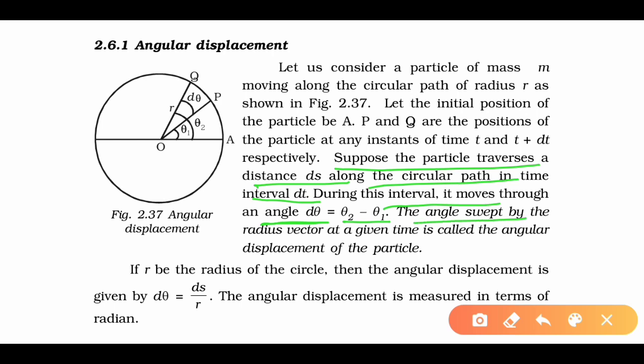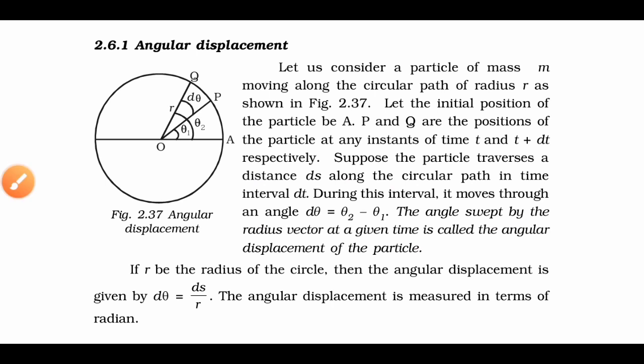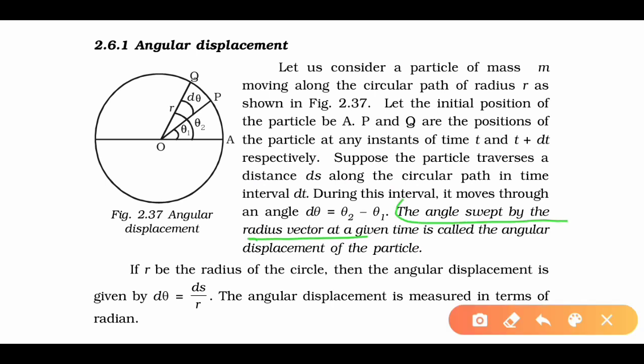The angle swept by the radius vector at a given time is called angular displacement of the particle. So remember this point. Clear?